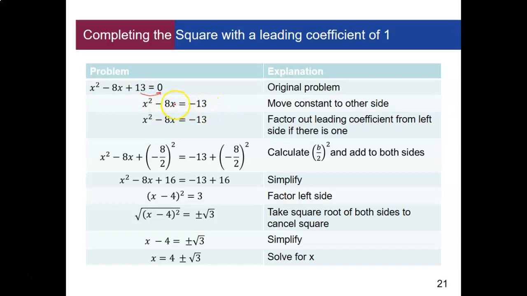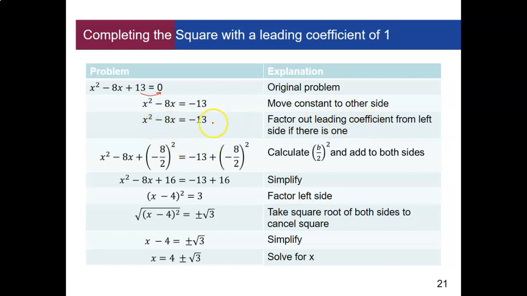The next step is to factor out any leading coefficient, and I left this step in just because that would be the place you would do this. But for this one, we have no leading coefficient, so we don't have to factor anything out from the left side right now. Notice I didn't say the greatest common factor. It's not the greatest common factor, it's the leading coefficient.